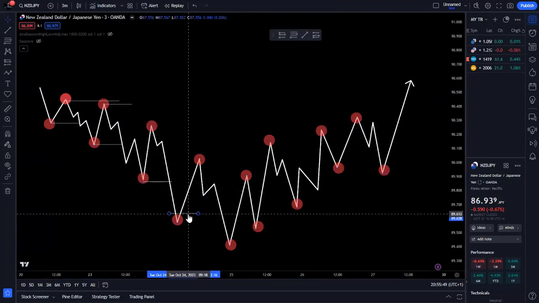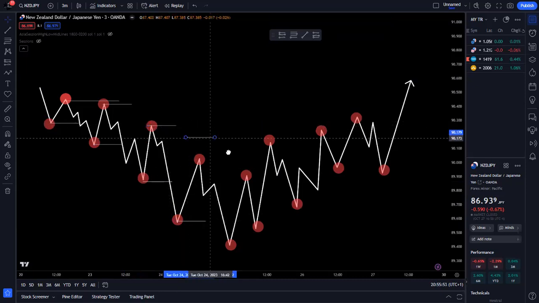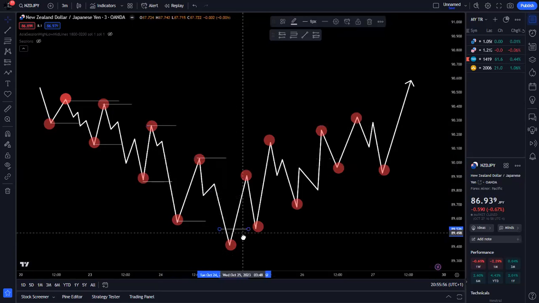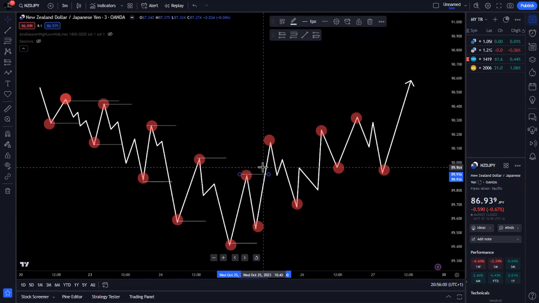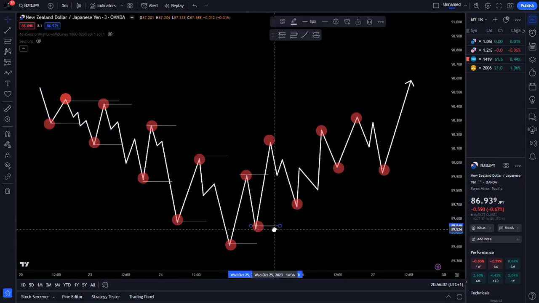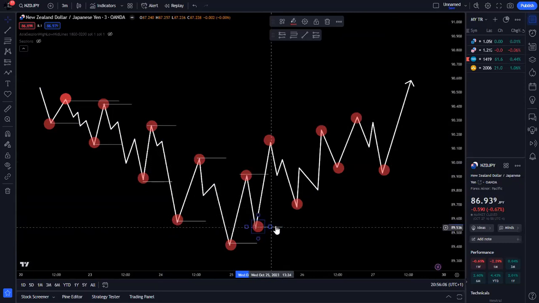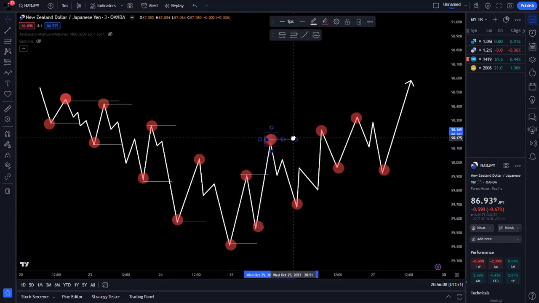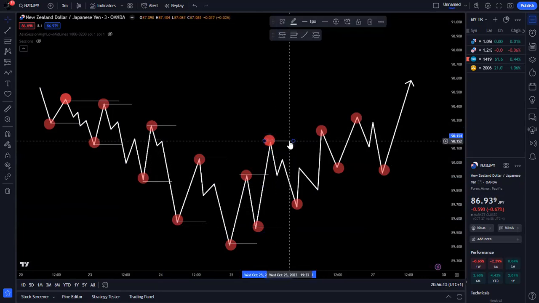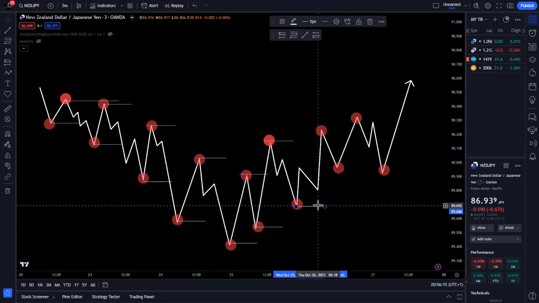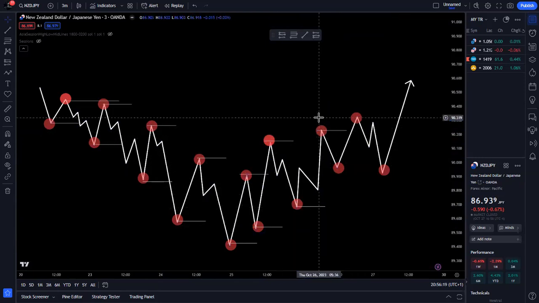Then a swing low here. A swing high. Swing low. Swing high. Swing low. Swing high. Swing low. Guys, I'm tired. Let's stop there.